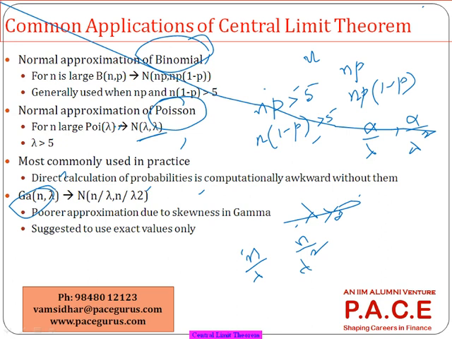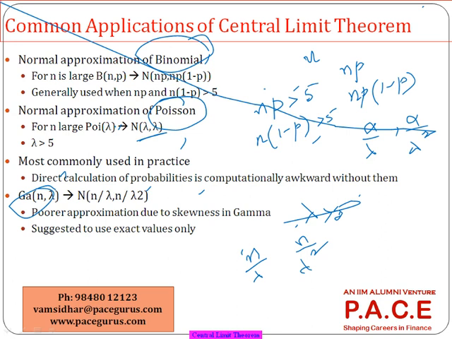If I am using a normal approximation of a gamma distribution, the results are not that successful. So it is heavily used only for binomial and Poisson distributions, but you don't use it for gamma and other kinds of distributions.